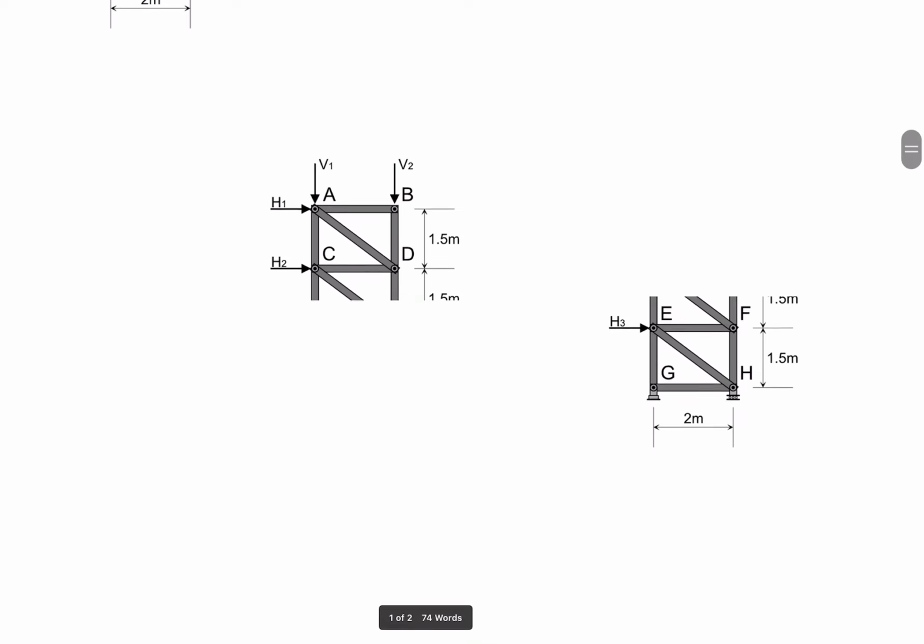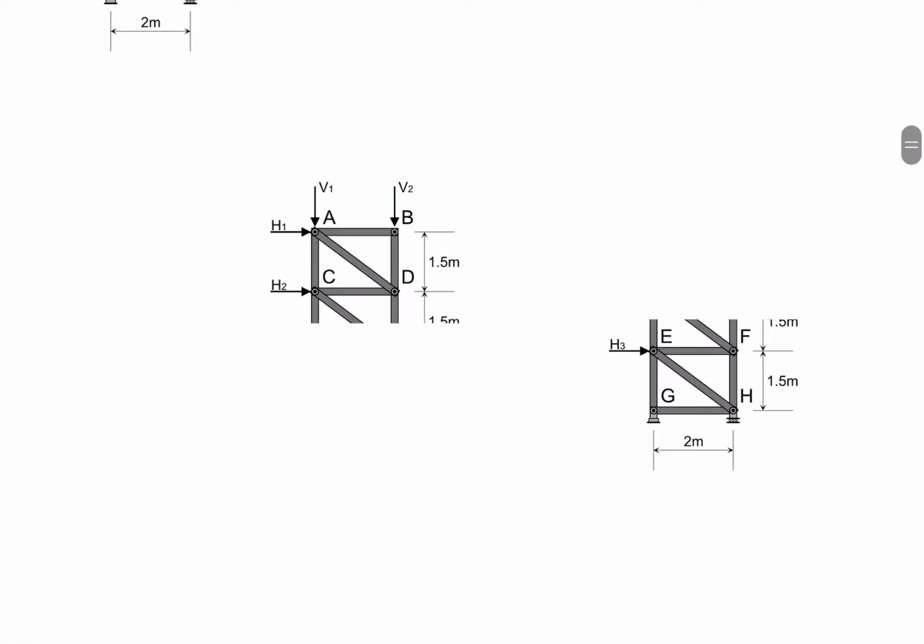The first choice is to do analysis on the upper part of the cutting. If we do analysis on this part, we will have the member forces FCE, FCF, and FDF.